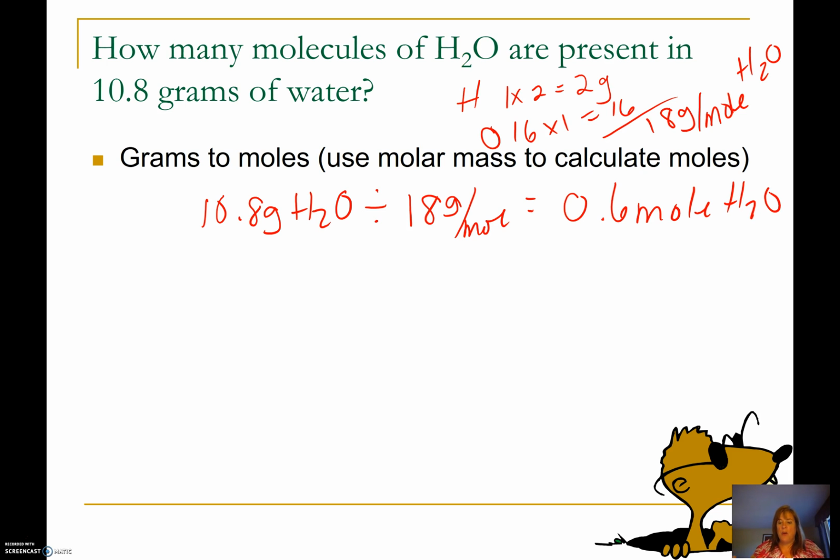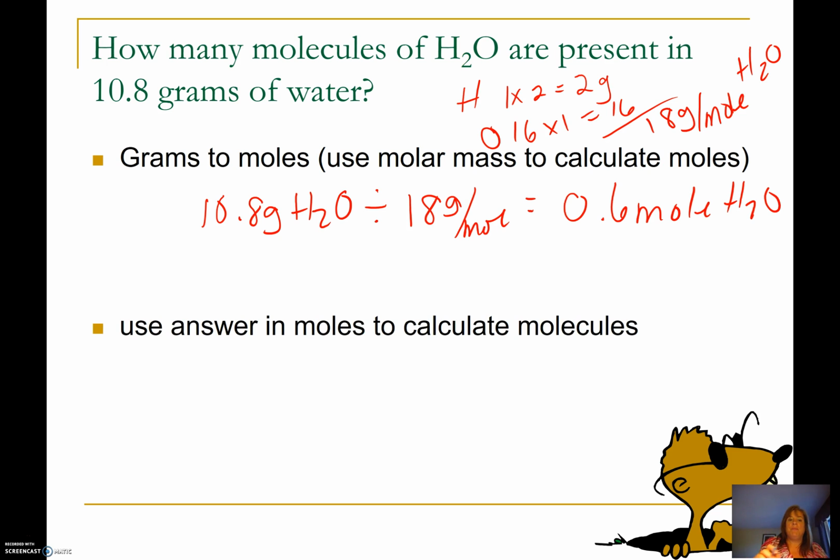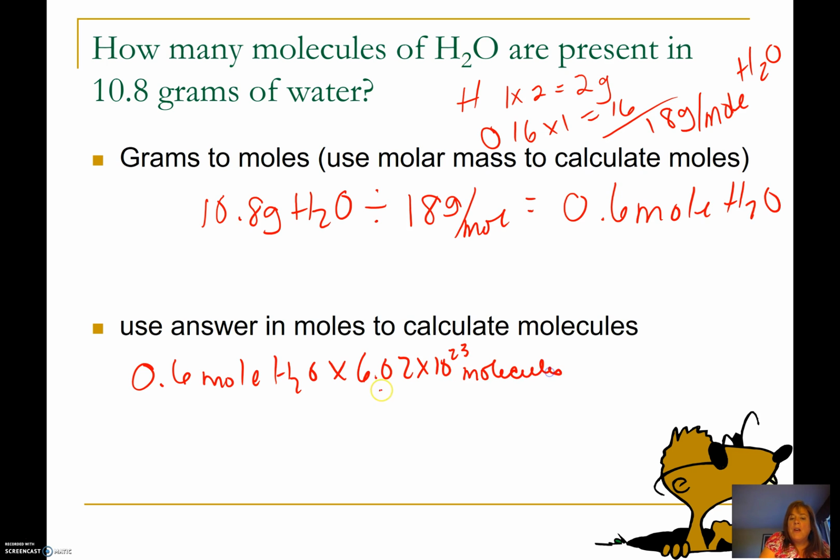What's next? Well, now that I have moles, I can go to molecules. So I'm going to multiply by my 6.02 times 10 to the 23rd. So I'm going to take my 0.6 moles of water and multiply by 6.02 times 10 to the 23rd, because that's my number of molecules per 1 mole.